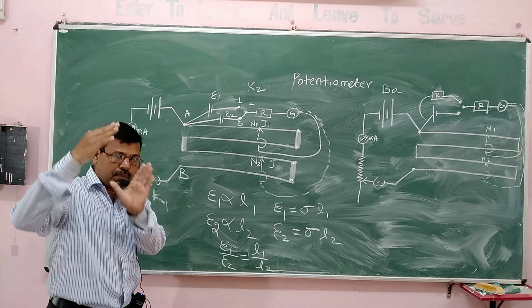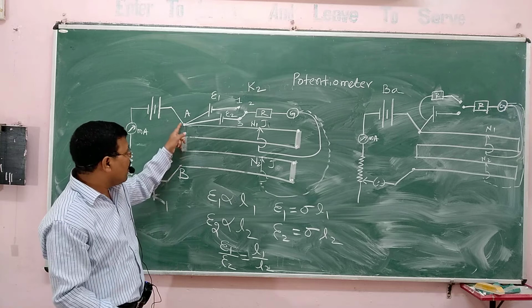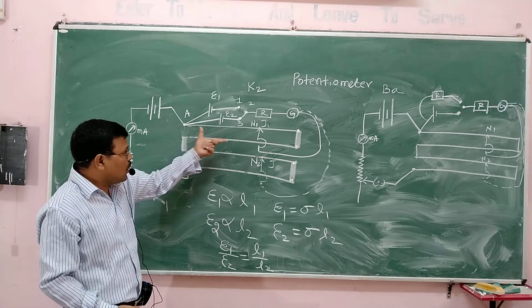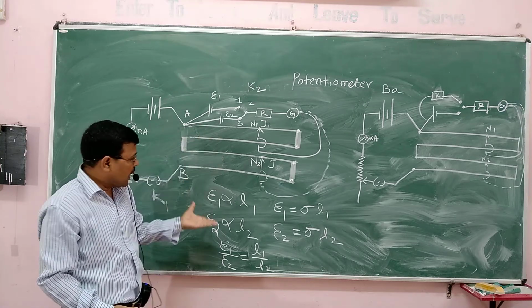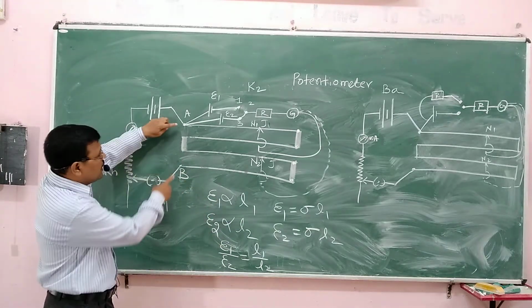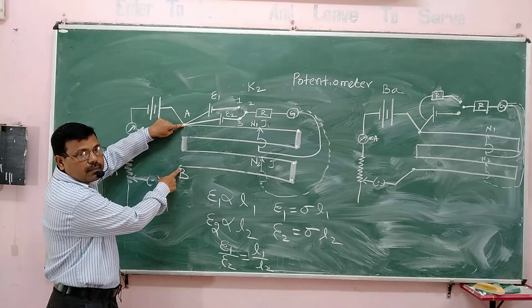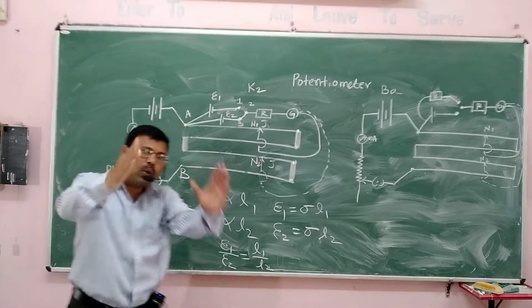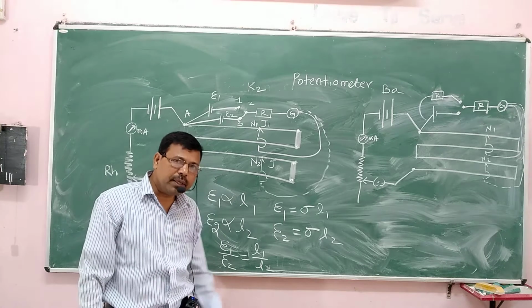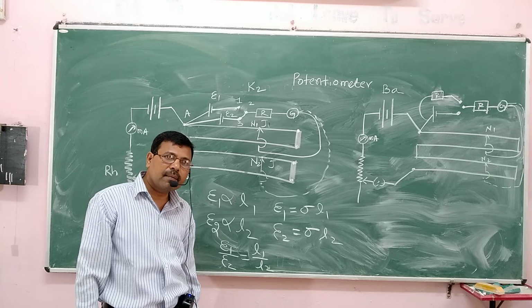So the principle of the potentiometer is that the fall of potential across a wire is directly proportional to the balancing length when a steady current is maintained through the wire. Then how do we use the potentiometer to determine the internal resistance of a cell?